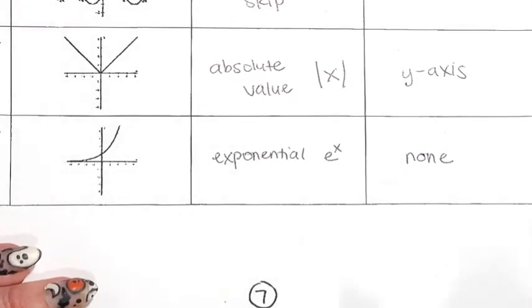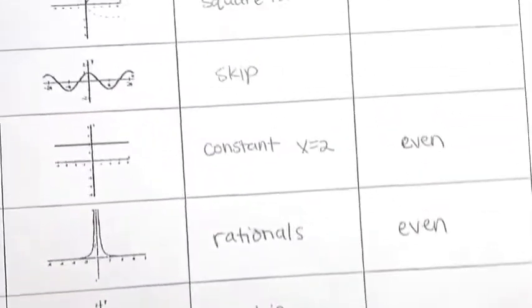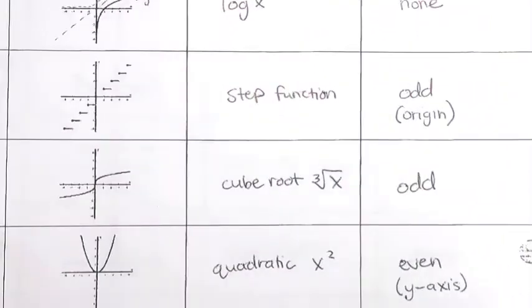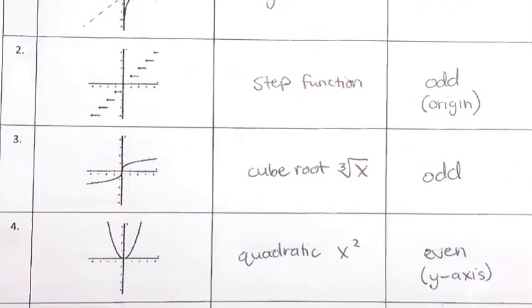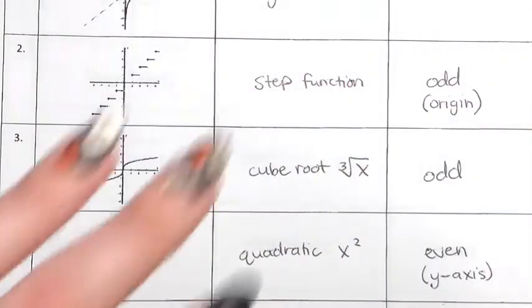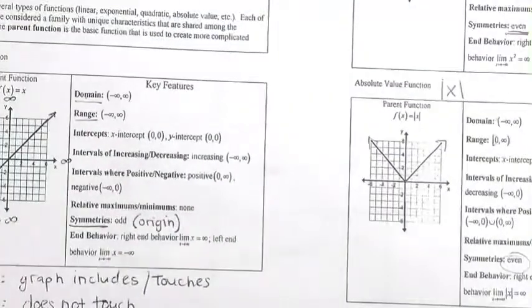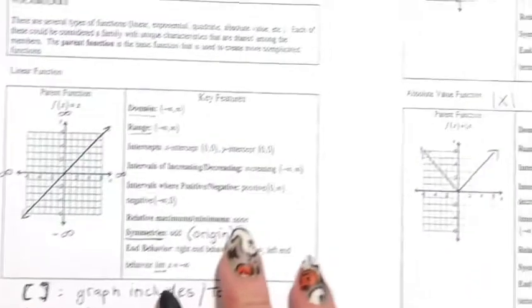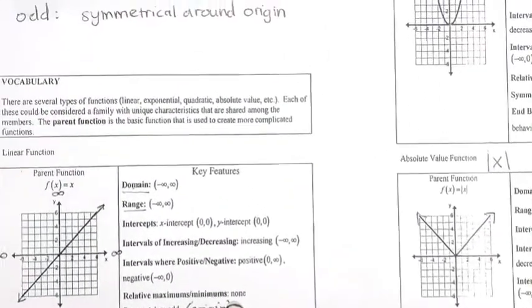Okay, so that's hopefully just a review of identifying different graphs now that you know what the parent functions are. In your homework, it's going to be really similar, where they will give you pictures of graphs and you just have to identify which parent function it goes to. So I would have your notes out until you can memorize them.